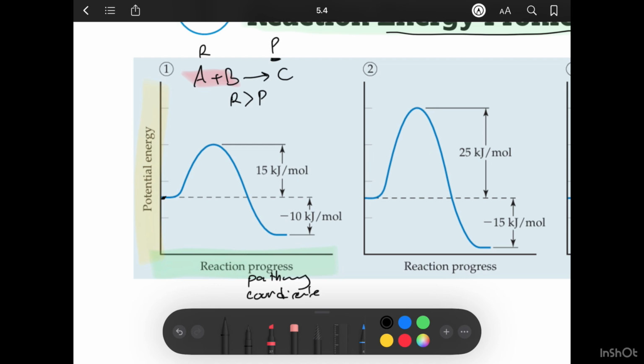That's why if we take the value of delta H, which represents products minus reactants, the sign will be negative. That's a good indication that the negative sign refers to an exothermic reaction.